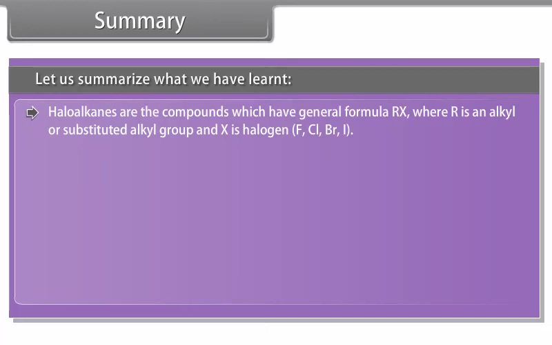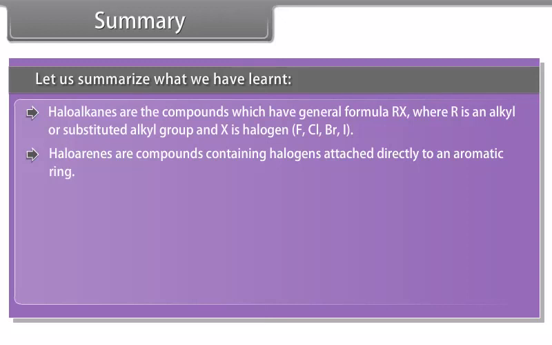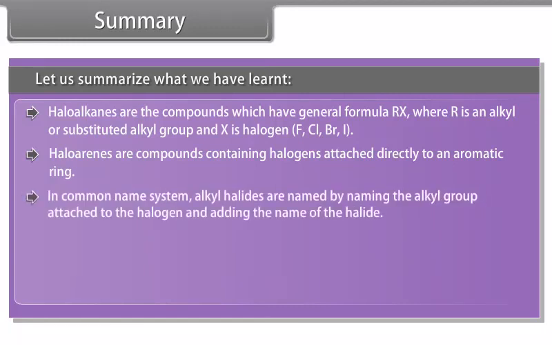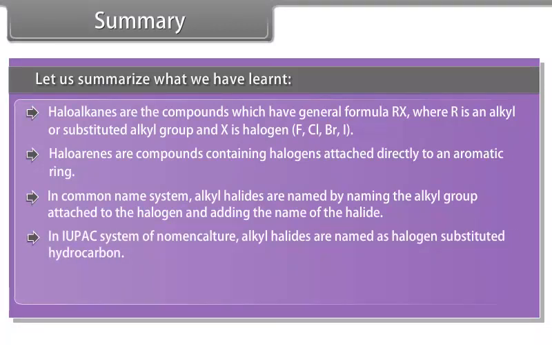Due to the polar nature and high molecular masses as compared to the corresponding hydrocarbons, the intermolecular forces of attraction, that is dipole-dipole and van der Waals forces, are stronger in organic halogen compounds, due to which the boiling points of chlorides, bromides and iodides are higher than those of hydrocarbons of approximately equal molecular mass.